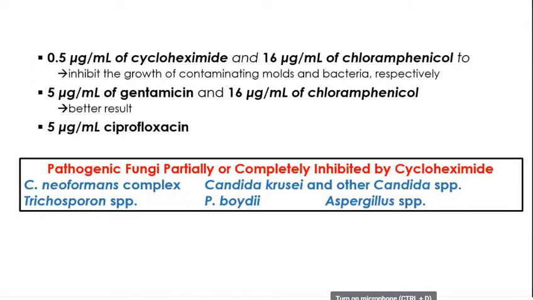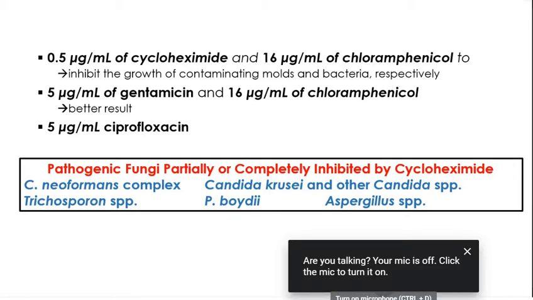So, you have your Cryptococcus neoformans, you have the Trichosporon, you have your Pseudallescheria boydii, and the Aspergillus species. So that if we are trying to isolate these fungi, syempre hindi tayo maglalagay ng cycloheximide kasi hindi na siya tutubo, wala tayong ma-isolate.